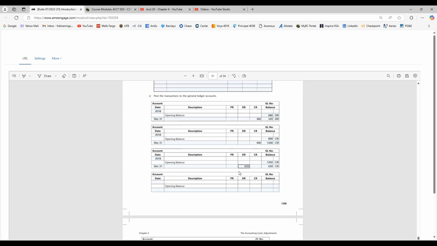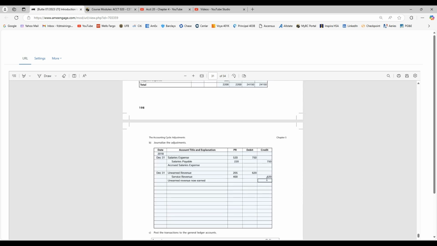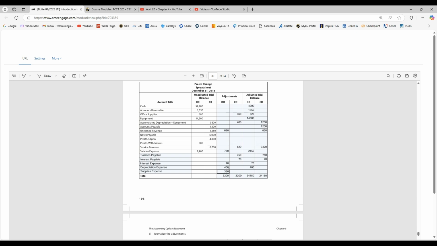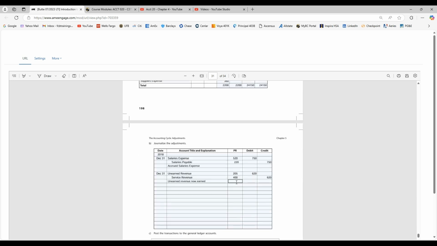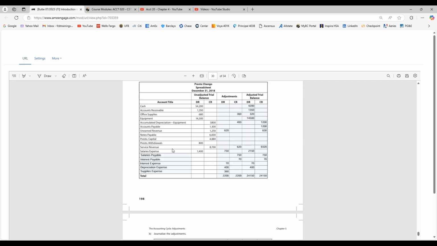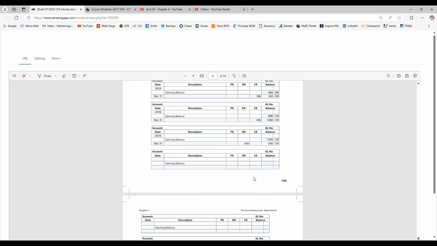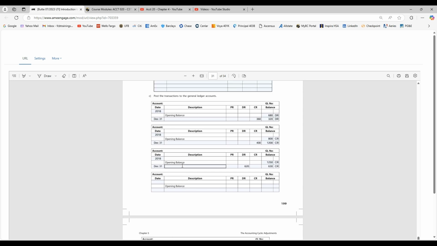So the next one would be service revenue, and you'd put the information in here. I'll do service revenue too, just because that one doesn't have an opening balance. The way they're using opening balance here is a little bit different than we have seen in other chapters, where the opening balance represents the actual opening balance on January 1, for example.